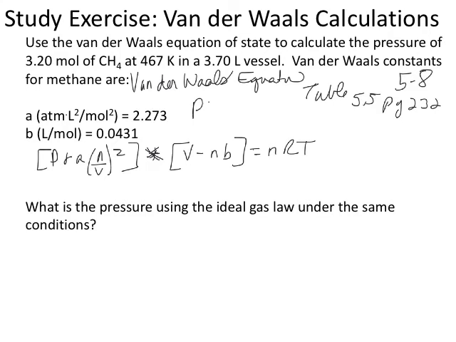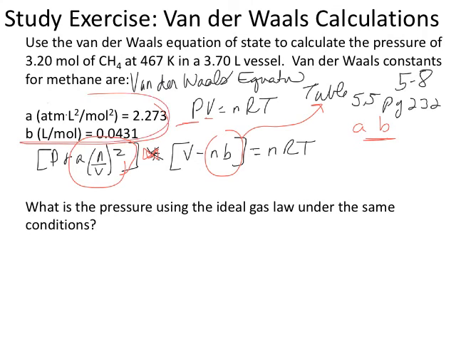So it's like PV equals nRT, but the pressure term and the volume term have been adjusted. And it's been adjusted by these parameters here. And what you'll find is in this table, you can find your a and your b, these given constants for your terms.